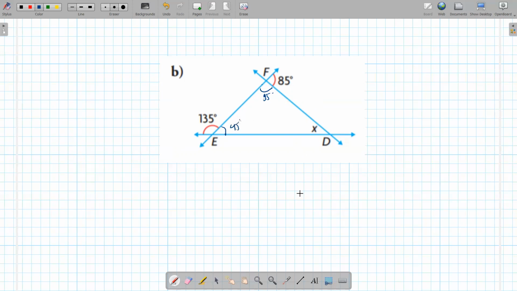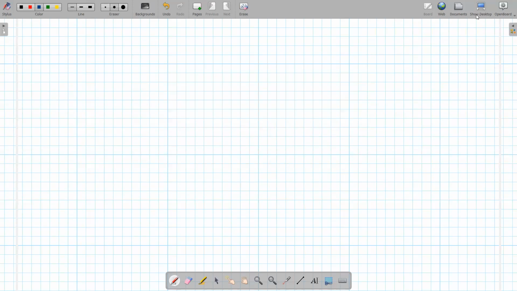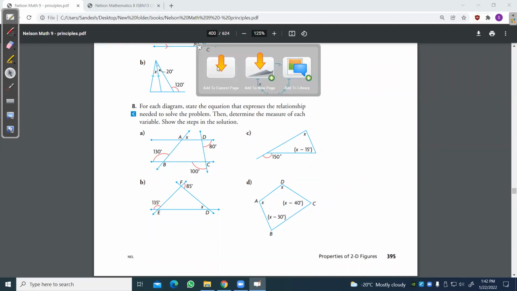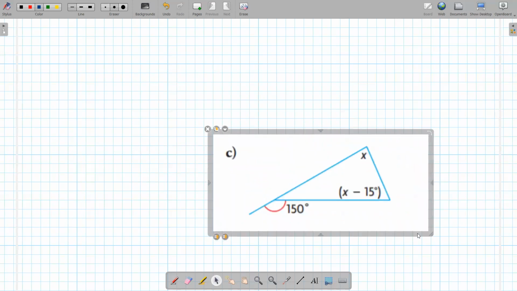Now, what is X going to be then? Once you know two angles in a triangle, we can find the third one by just taking them away from 180. X is 40. That one's pretty simple. Eventually, most of these you'll find they're simple.